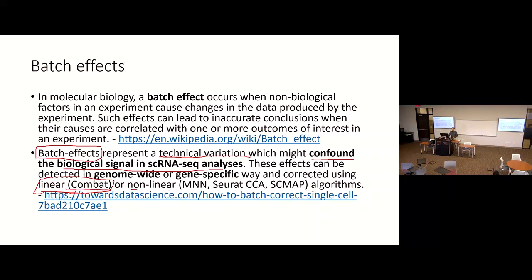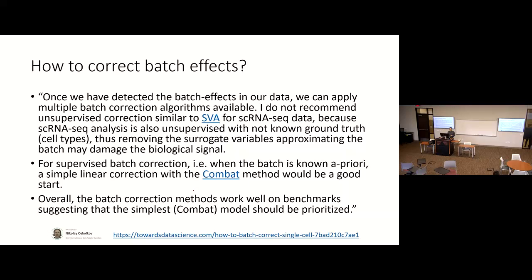There are also nonlinear methods introduced recently, including, inside the Seurat package, CCA, and some other specifically designed ones, so we will have a look at this. Just so you are not surprised when other people say, okay, I corrected the batch effects.